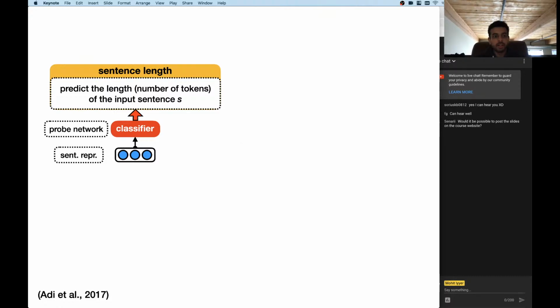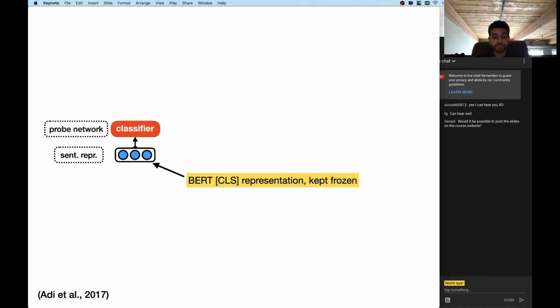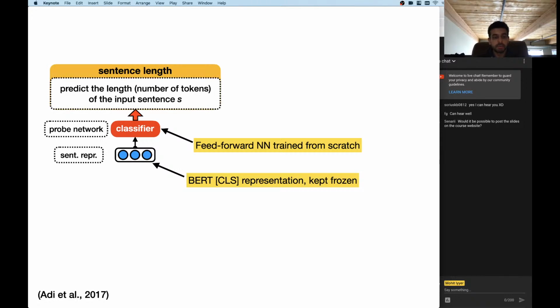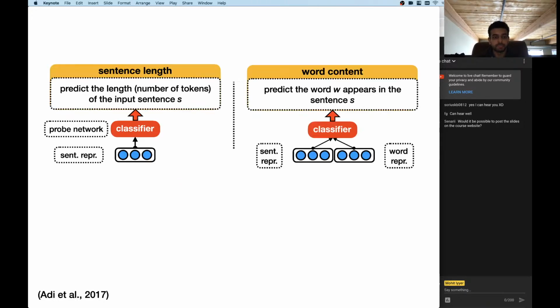We can do this same thing for many other tasks. We can do it for word content, where we have a representation of a sentence and a representation of a particular word or token.